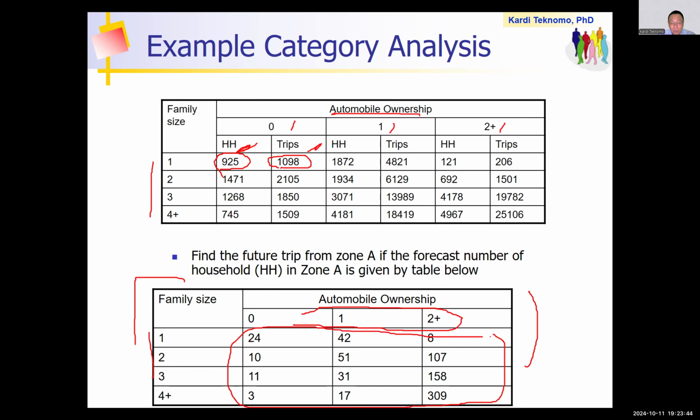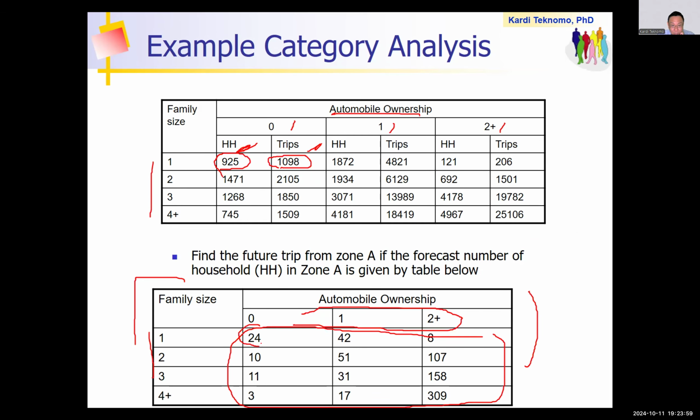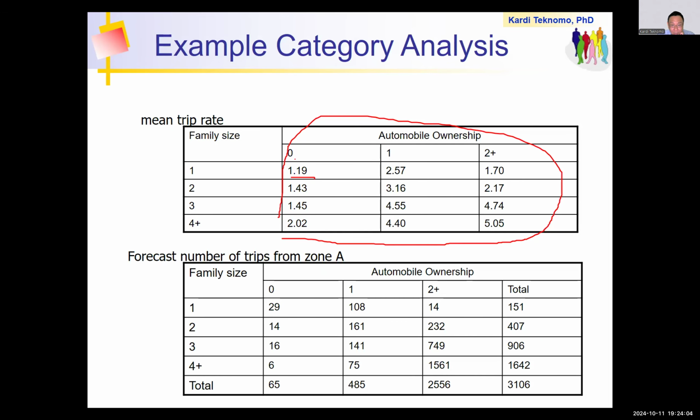Then if you want to get the future trips, again you multiply element-wise. If you get the trip rate table, then you multiply with the current. So 24 multiplied by 1.19, you will get 29.